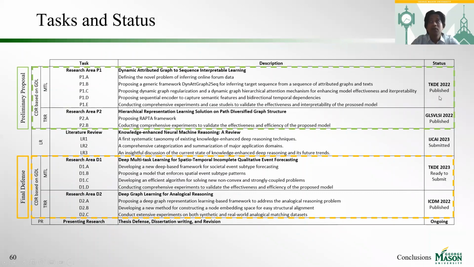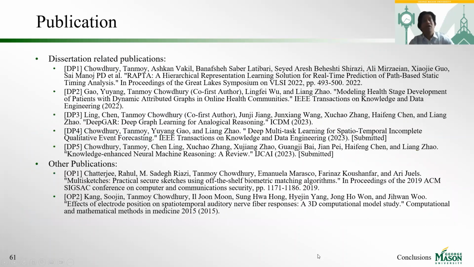Among these, I published the first work in TKDE, the second work in GLSVLSI. I have already submitted the literature review work. The TKDE one is ready to submit; I'm going to submit it by next week, hopefully. And DeepGAR was already published in ICDM 2022. So these are the 5 publications directly related to my dissertation.